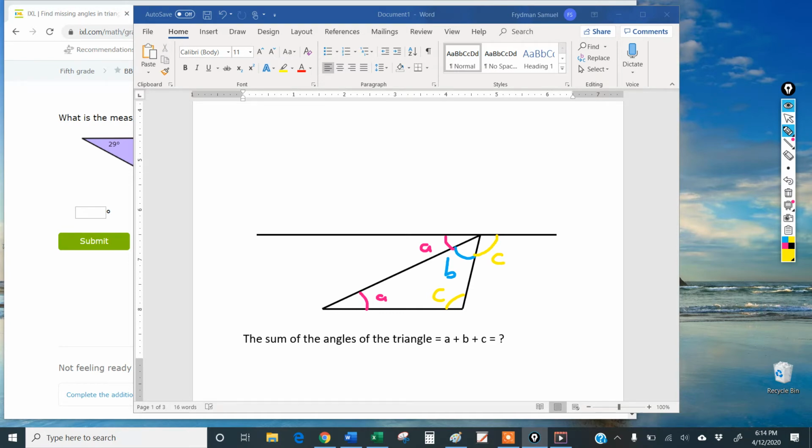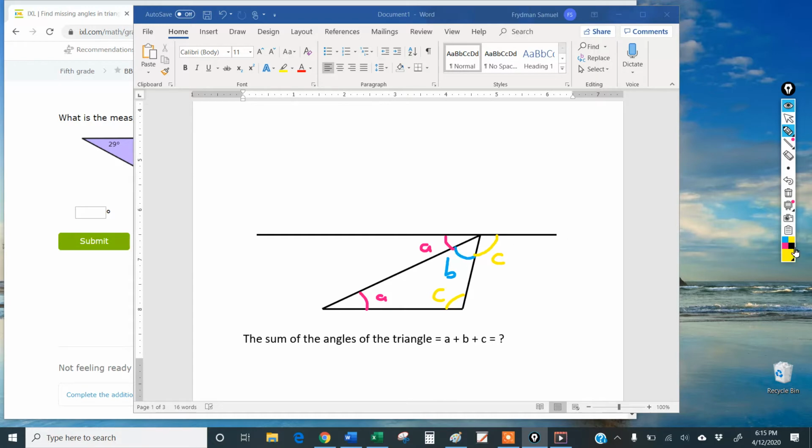Now, why is it important for me to know that? It's important because I can see now that A plus B plus C makes a straight line right over here. Can you see that? This line right over here is a straight line.